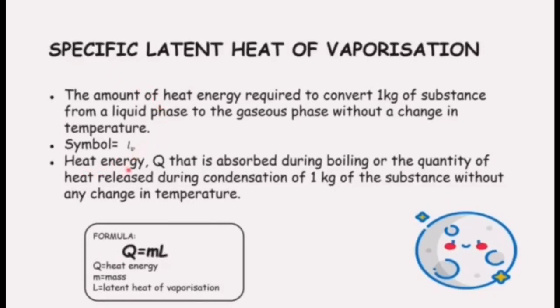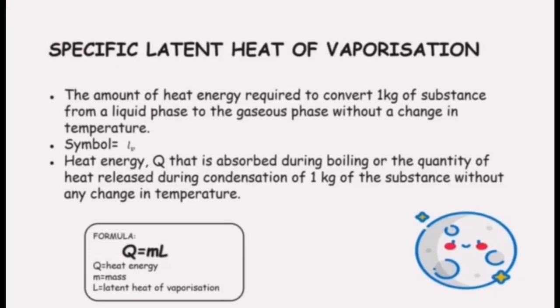It is the heat energy Q absorbed during boiling, or the quantity of heat released during condensation, of 1 kilogram of the substance without any change in temperature. We can use this formula to solve problems: Q = mL, where Q is heat energy, m is mass, and L is latent heat of vaporization. The SI unit is the same as the specific latent heat of fusion.